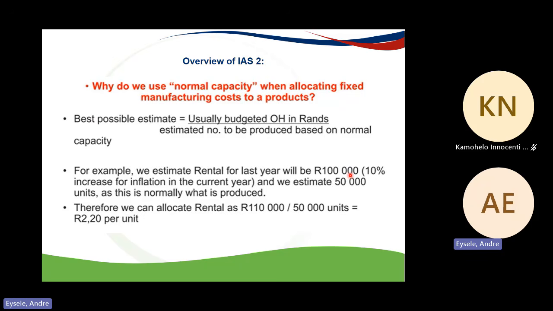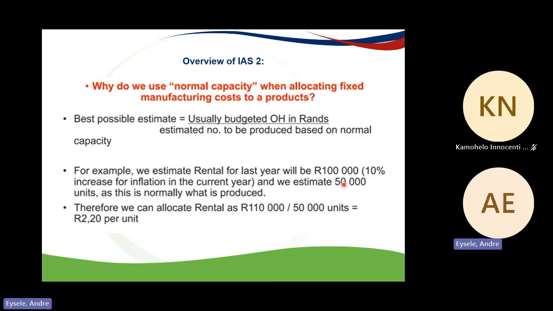That is what we can expect for rent. But we need to allocate it during the year because we don't know how many units we can produce. Therefore, our allocation rate based on our best estimate is 110,000.